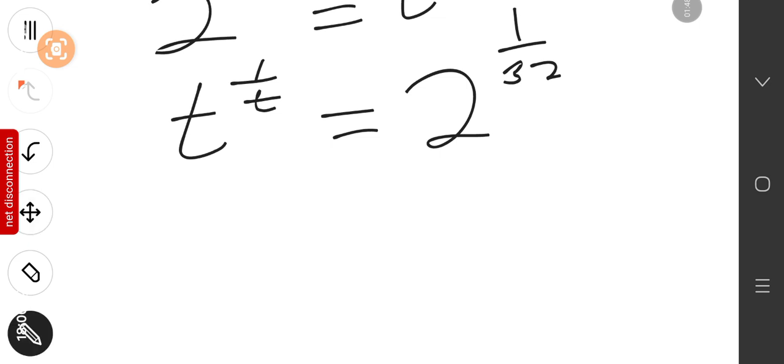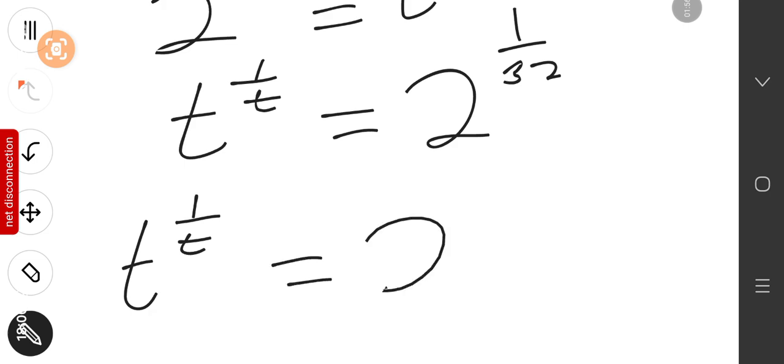Now the next thing we do, okay, so t exponent 1 over t equals 2 exponent. Now 1 times a is a, so 1 times 1 over 32 is the same as 1 over 32, okay? So in place of 1 over 32, we can write 1 over 32 times 1.